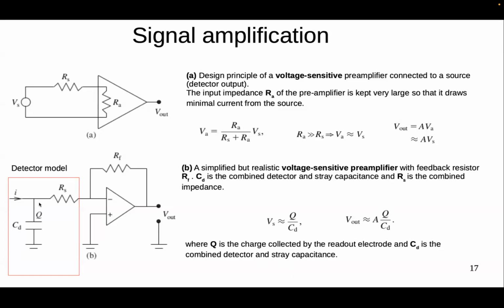Basically the capacitance of the detector plus cables or anything else we have between the input of the amplifier and the output of the detector. So this is the full capacitance of the whole chain just before the input of the operational amplifier of this circuit.